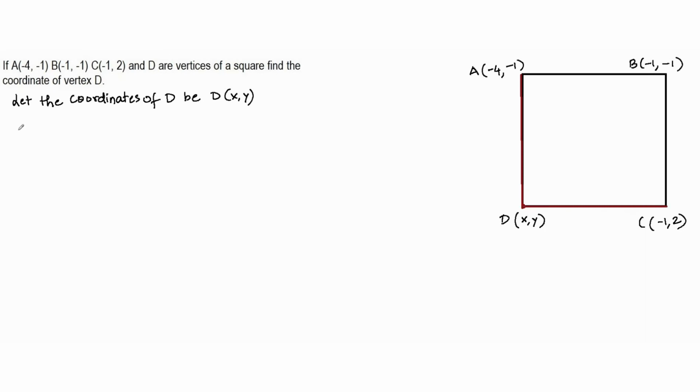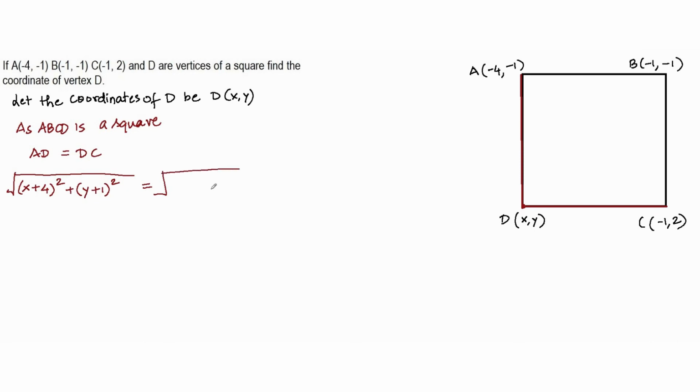So I can say that as ABCD is a square, the length of AD should be equal to the length of DC. Using distance formula, AD can be calculated as under root of x plus 4 the whole square plus y plus 1 the whole square, which is equal to the length of DC.